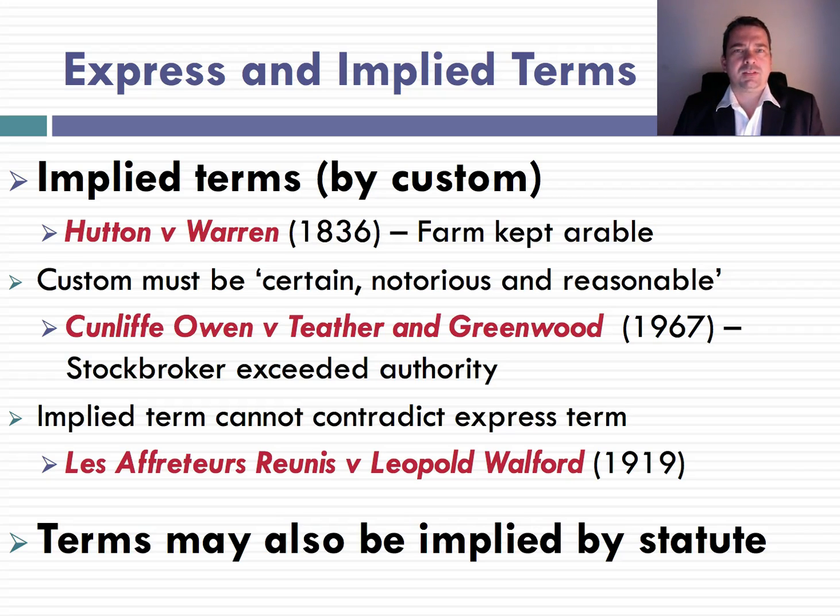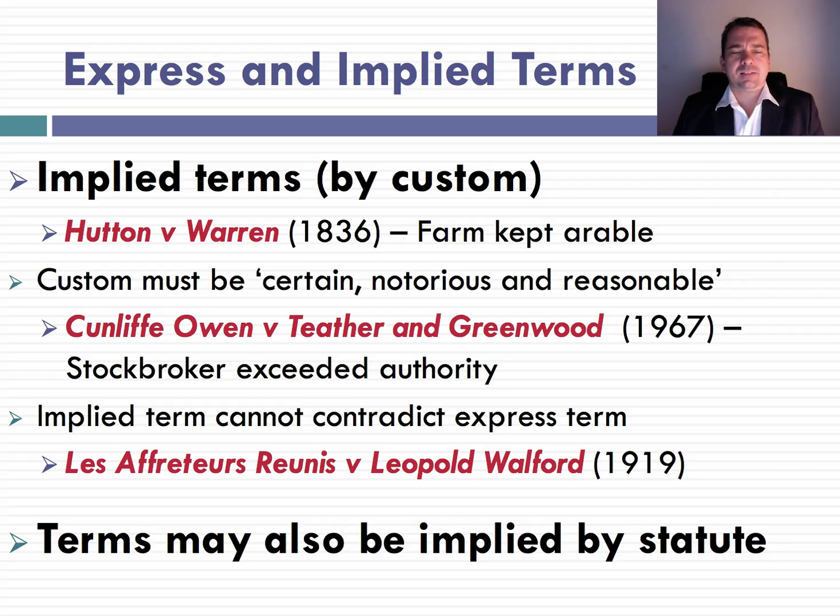Certain means that people know what the custom is, and it is certain what that custom is. Notorious means it is widely known, so if you ask a stockbroker, they would know about it. And reasonable means that it is not something that's, for instance, illegal or some practice that is unreasonable. So we go through these three tests, and if we can show that the custom satisfies those tests, then very likely we have a case of an implied term.